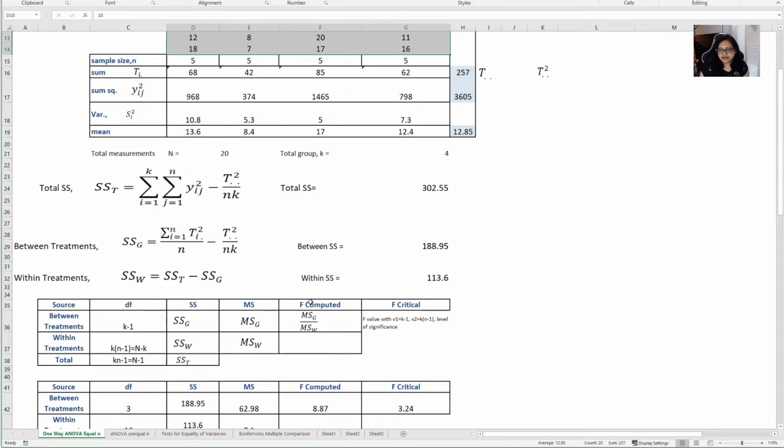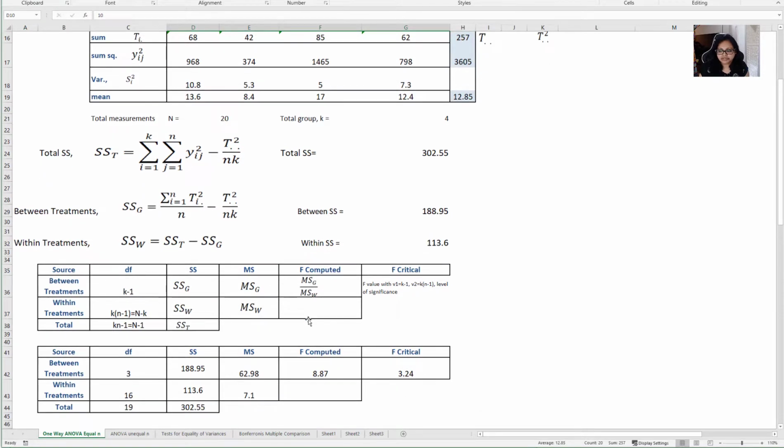And then the F value, since it follows the F distribution, would be the between treatments mean square divided by the within treatment mean square. If you take the ratio of the values you found here, that's the F statistic value we have.